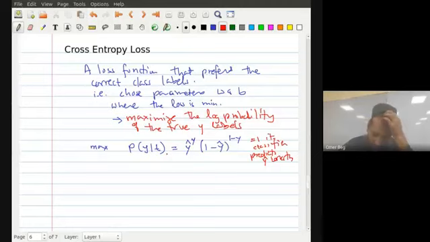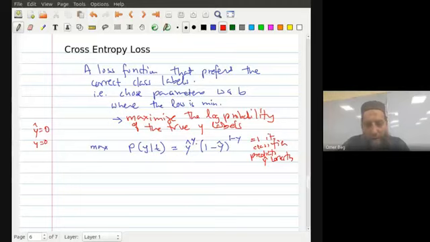And how is it going to do that? So just see. Let's say Y hat, the prediction, is a 0, and Y, the real label, is also 0.